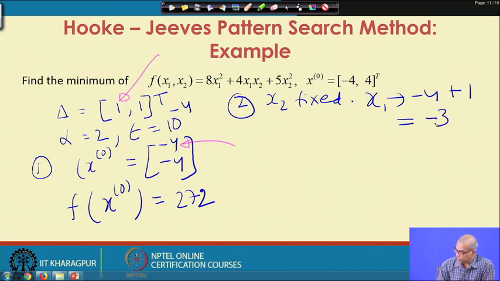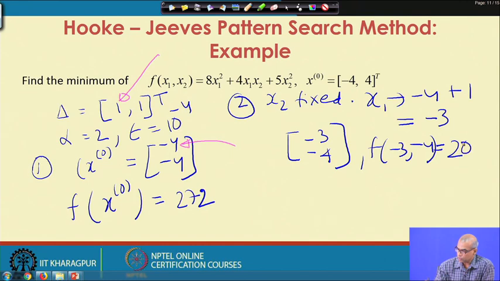So, the new point that you get is -3 for x 1, and -4 for x 2, which is fixed. The function value at -3, -4, if you calculate, you will get as 200, which is less than the previous value 272. So, the move is a success.